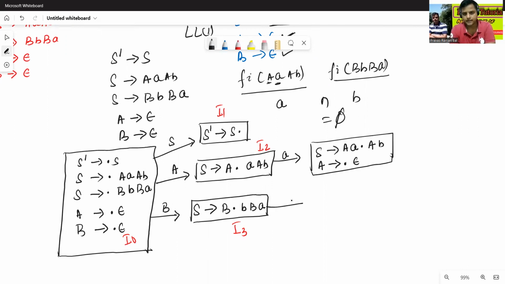Then here it will scan B, S to B B dot B A.